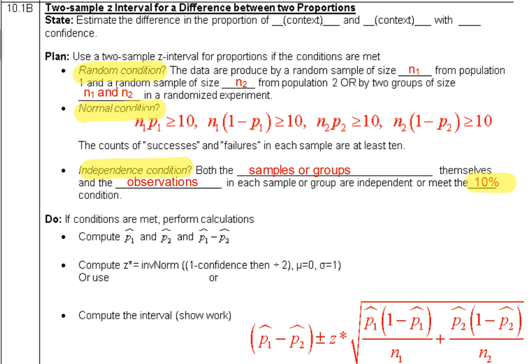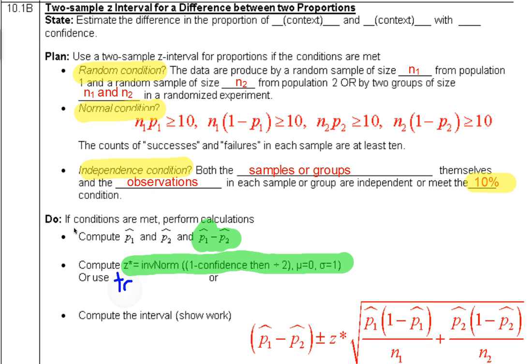Then from there, we're going to perform our calculations. If we need to, we calculate P1 hat and P2 hat and then calculate what the difference is. Then we go to our critical value, our Z star, and we can do that by doing our inverse norm, or by going to our table.